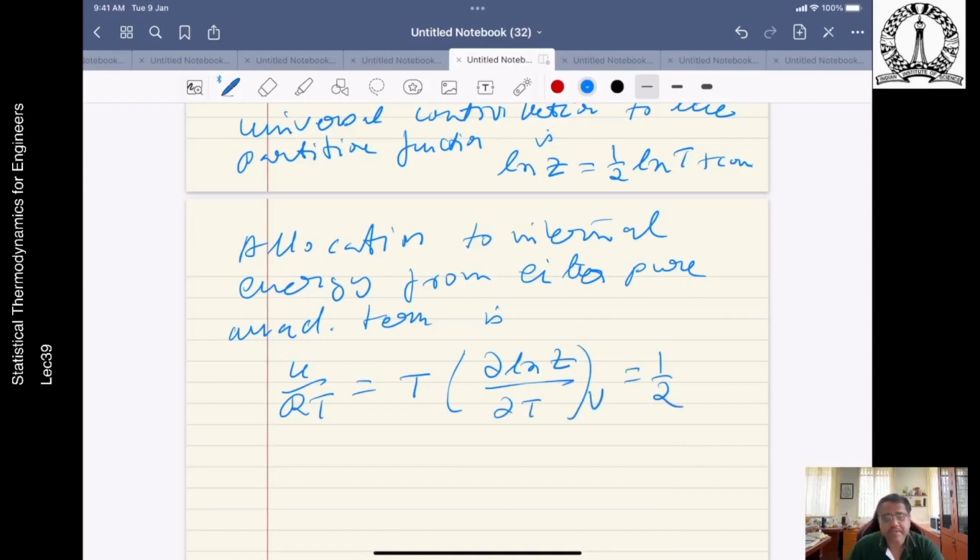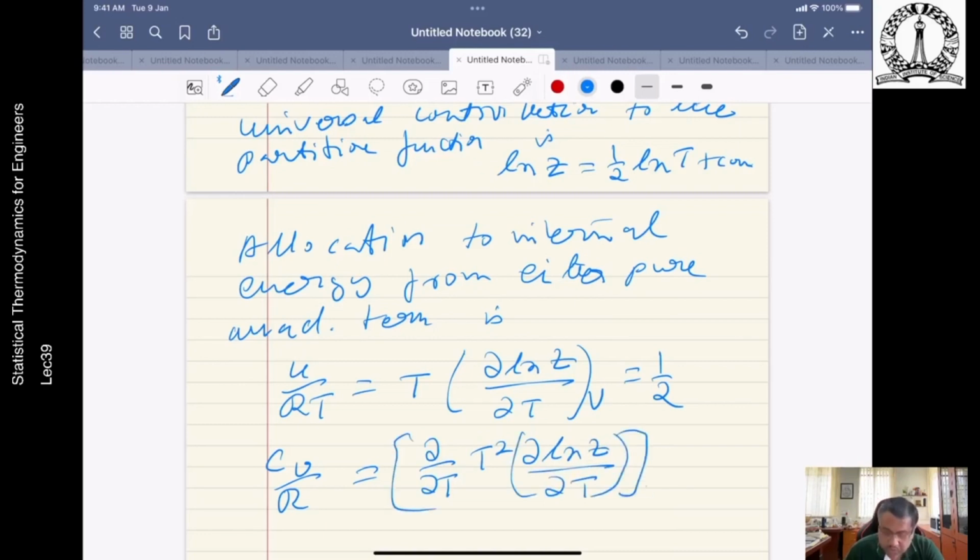Okay. Similarly, CV by R is also equal to half.